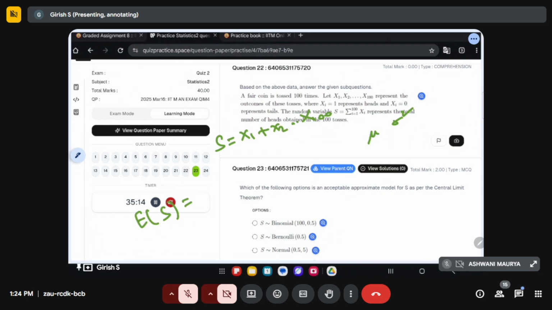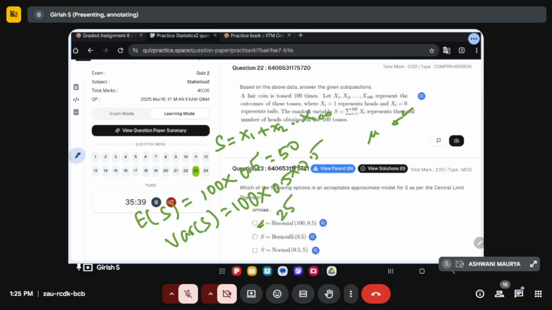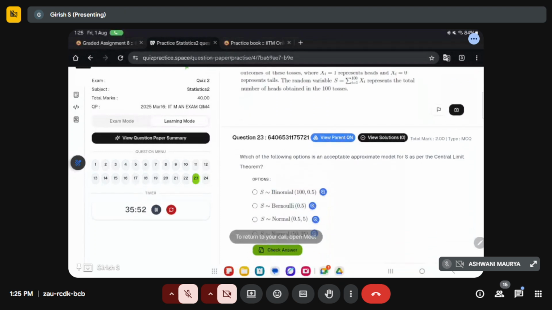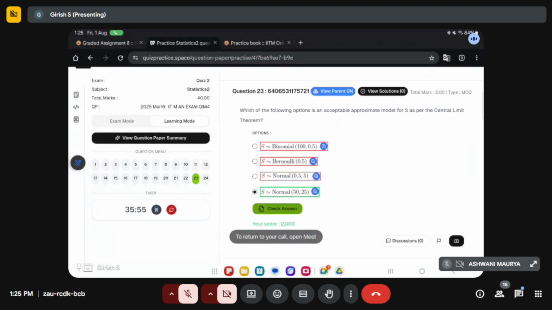It's actually n times p, 100 times 0.5. And the variance of S is n times p times q, which is nothing but 100 times 0.25, that is 25. So it should follow a normal distribution with 50 and 25. Let us see if it is the case or not. Yeah, it is.